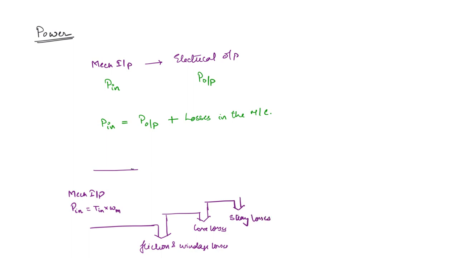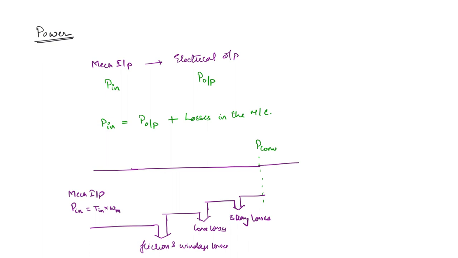So what is the power that is now left out? This is the power that is left out. This is what is going to be the power that will be converted from mechanical form to electrical form.